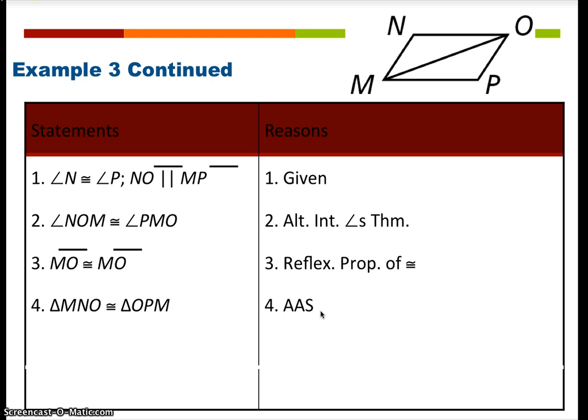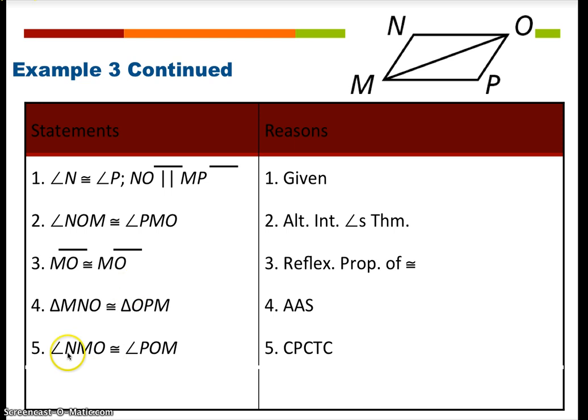So now that the triangles are congruent, we can say whichever pieces we want to be equal. So now what we were interested in, remember on the previous slide, was angle NMO on this side to be equal to POM, because if those two angles are equal, that makes the lines parallel.